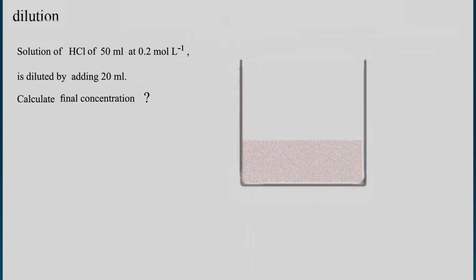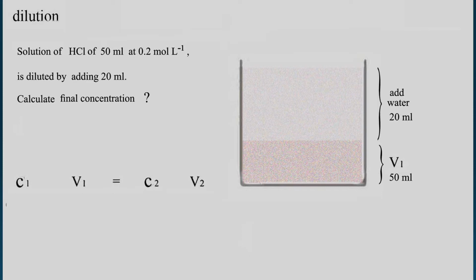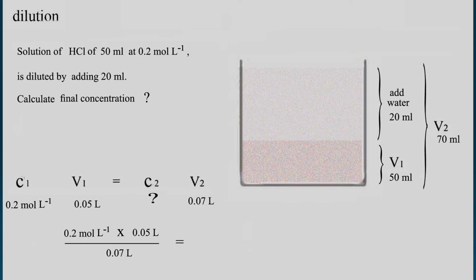Let's try a dilution question. Read the question. What's V1? Add. What's V2? So in the equation, V2 should be... here's the answer.